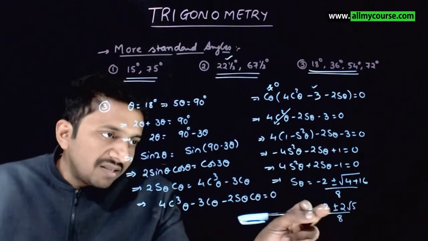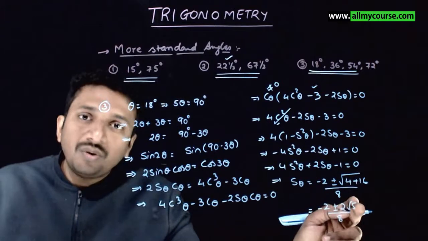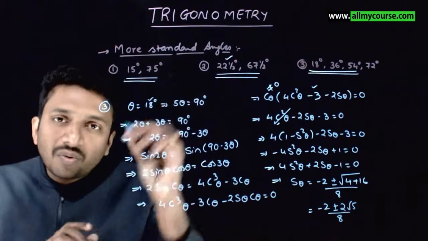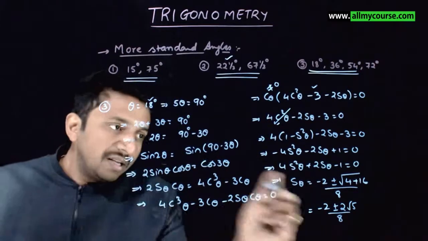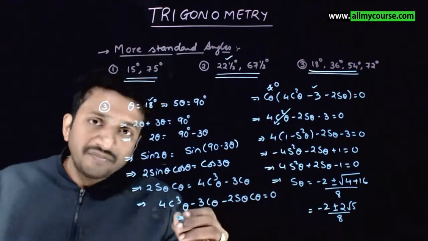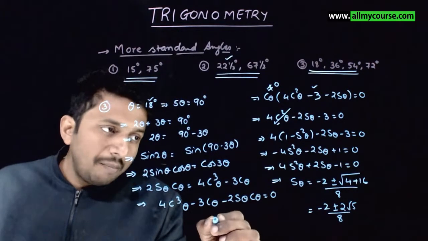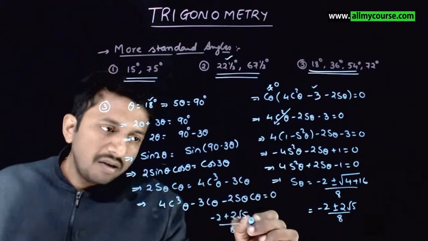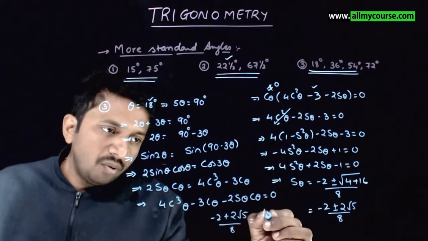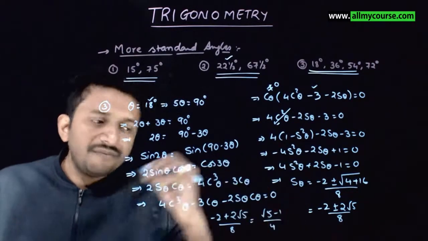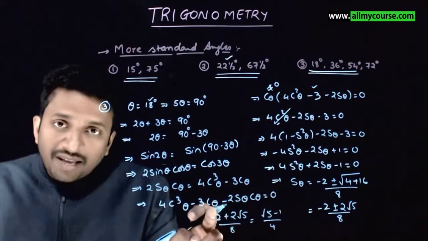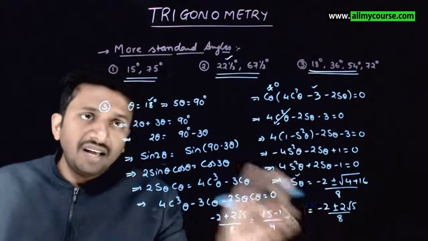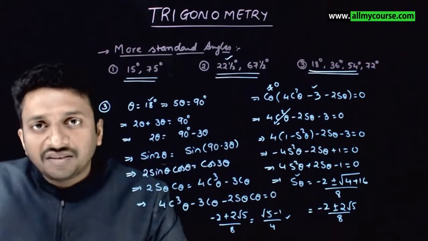Obviously if you take the minus, you get minus 2 root 5, which is a negative number, but sine of 18, because 18 is in the first quadrant, sine theta has to be positive. So I will neglect this minus sign. So I get (minus 2 plus 2 root 5) by 8, or if I cancel 2, (root 5 minus 1) by 4. So this is the value of sine theta if theta is equal to 18 degrees.